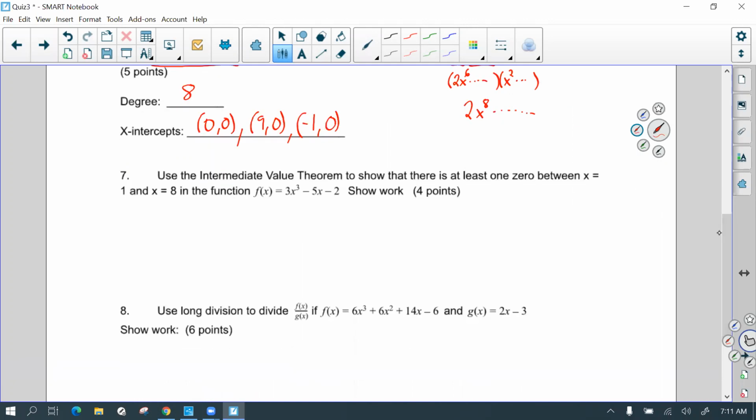Intermediate value theorem. If you find f of 1 equals 3 minus 5 minus 2, which is -4, and f of 8 equals 1,494.